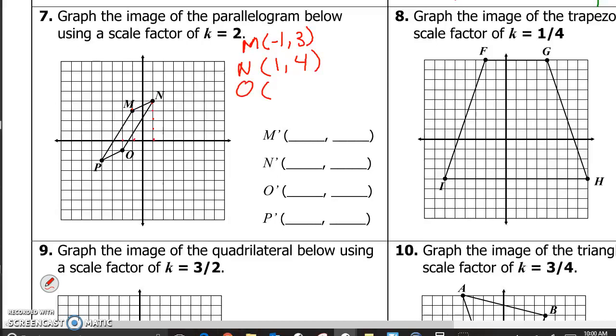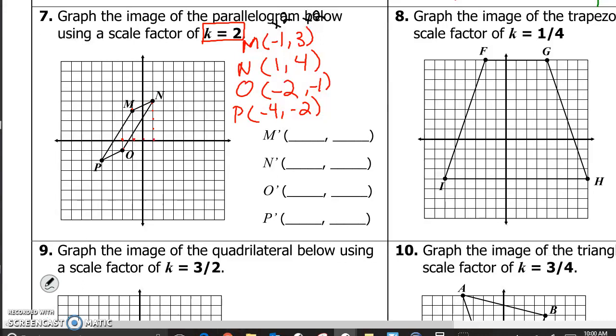O, original point, is at negative 1, negative 1. And P is at negative 4, negative 2. So now we need to apply the scale factor of k equaling 2 here. So this is multiplying everything by 2, making it double the size. So go ahead and do that and then plot the new figure.